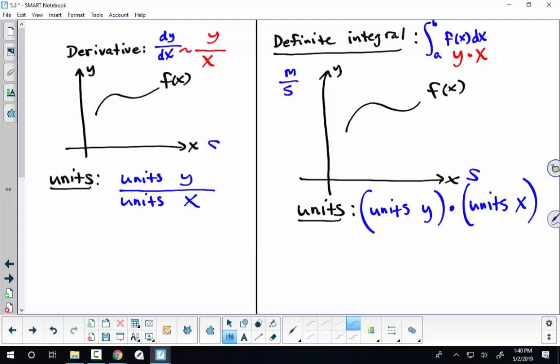Same thing here: if this is a position function, with seconds and y in meters, then the derivative of that, I divide my units, gives meters per second, a velocity. So one more generic way to look at it: derivative, divide units; antiderivative or definite integral, multiply the units. Do y'all have any questions on this section?